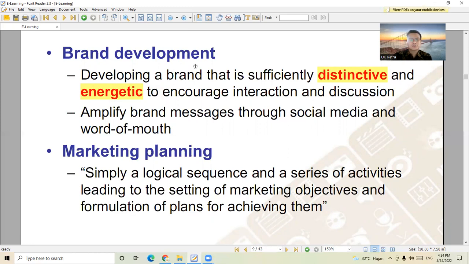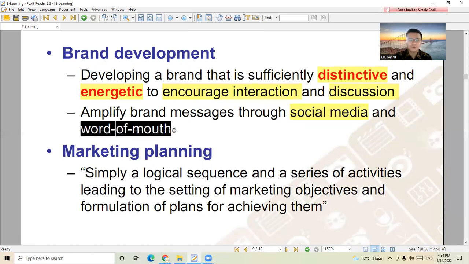If we have a good brand, it is hoped that the customers can interact with the brand and have some discussions with regard to the brand. We can increase our brand awareness through several things. One way is through social media and word of mouth.